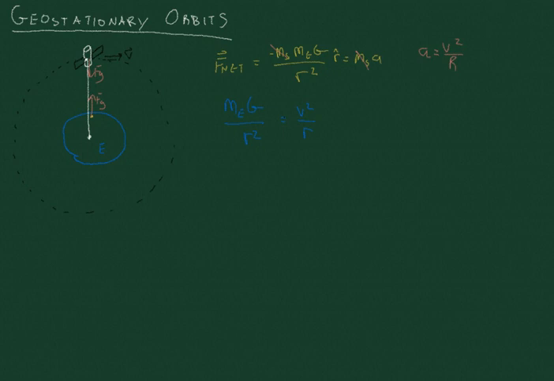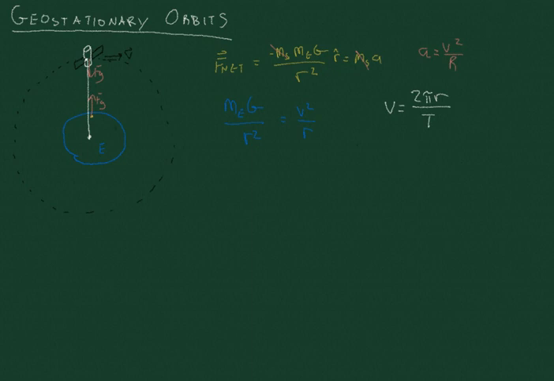Okay. So in the first case, let's say we want to find out what the radius is. In other words, if we want a satellite in geostationary orbit, we see that it doesn't depend on the mass at all. It only depends on the velocity. And the velocity is given, right? Because we have a constant velocity, and it's going to be the change in distance, which is 2 pi r, over the change in time, T, which is the period of one orbit.